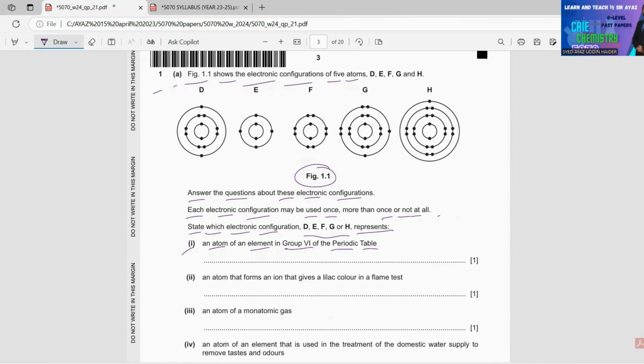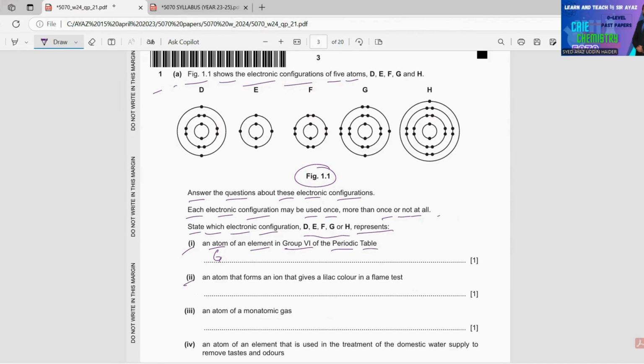So count the valence electrons for all of these electronic configurations. For D, it's 2. For E, it's 4. For F, it is 8. For G, it's 6. So G must be the final answer for this one. For convenience, I'm checking the last one also, that is H, and there is only 1 electron in its valence shell.